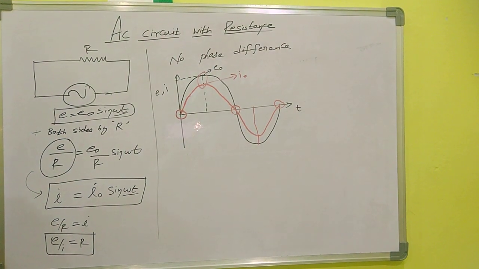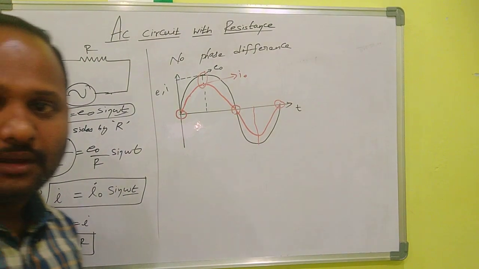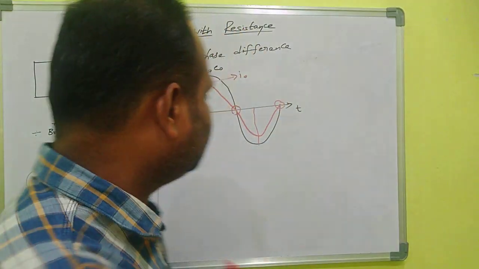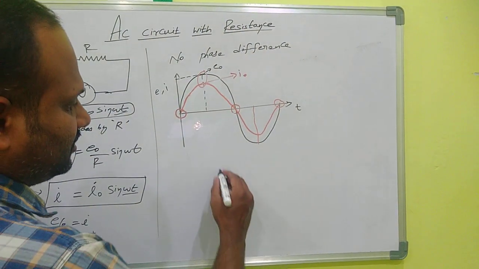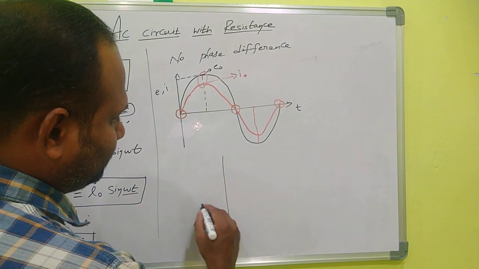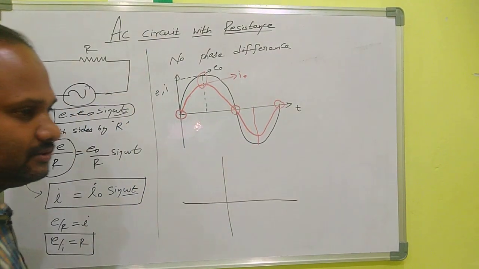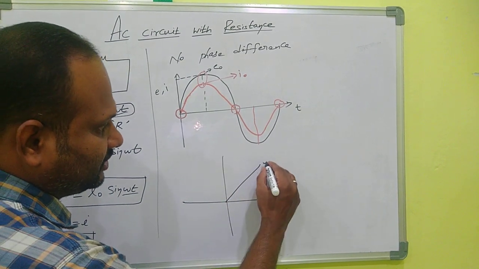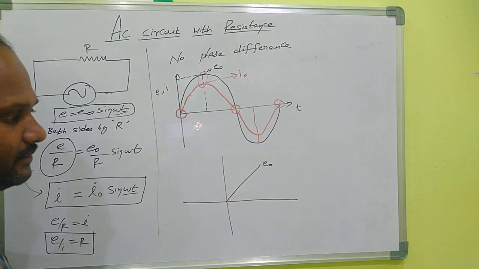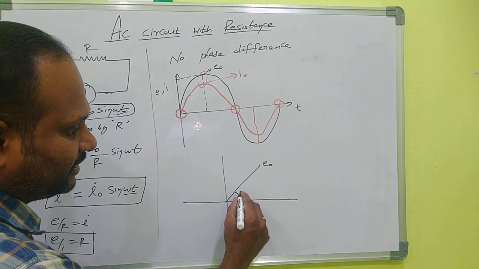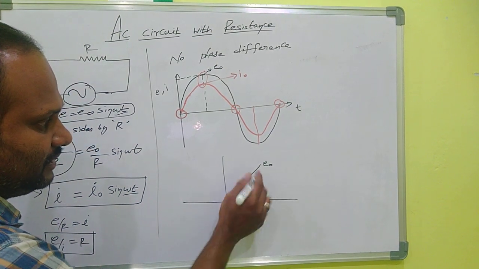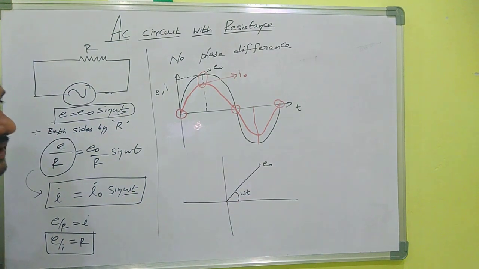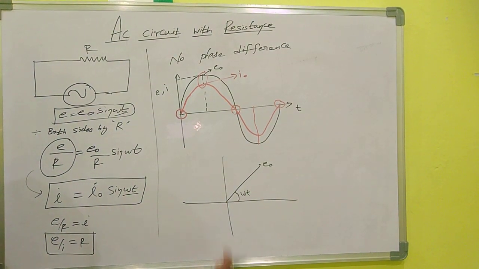The next way of representation is the phasor diagram. You know very well about the phasor diagram, I think. This is the phasor diagram. Suppose this is E naught. It makes an angle omega t, because when this E naught vector reaches this point at a time t with an angular velocity omega, then theta equals omega t.